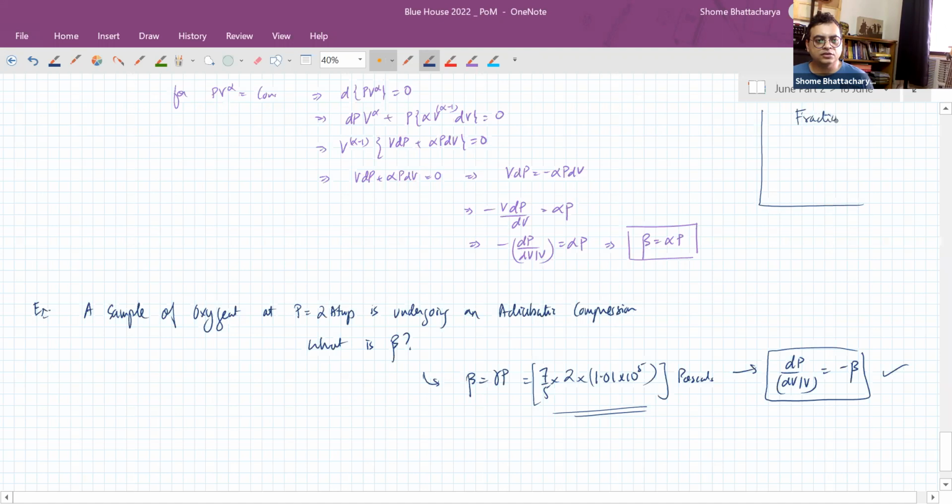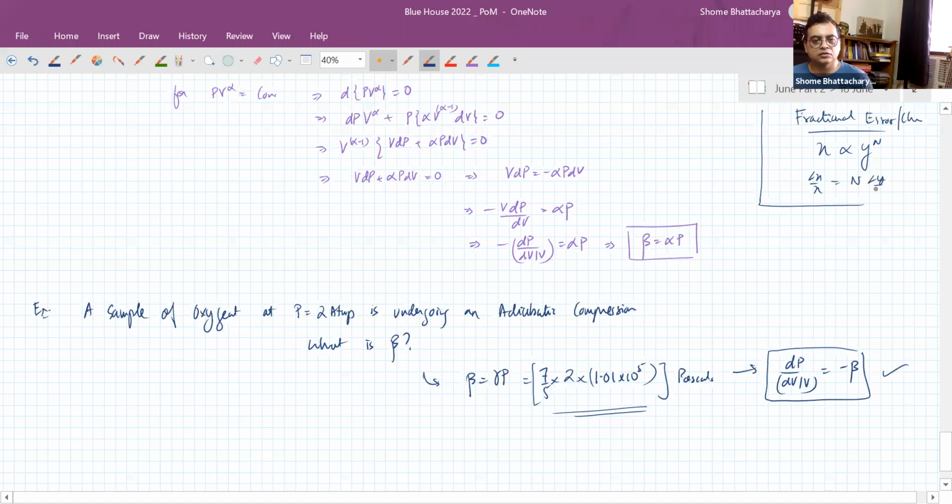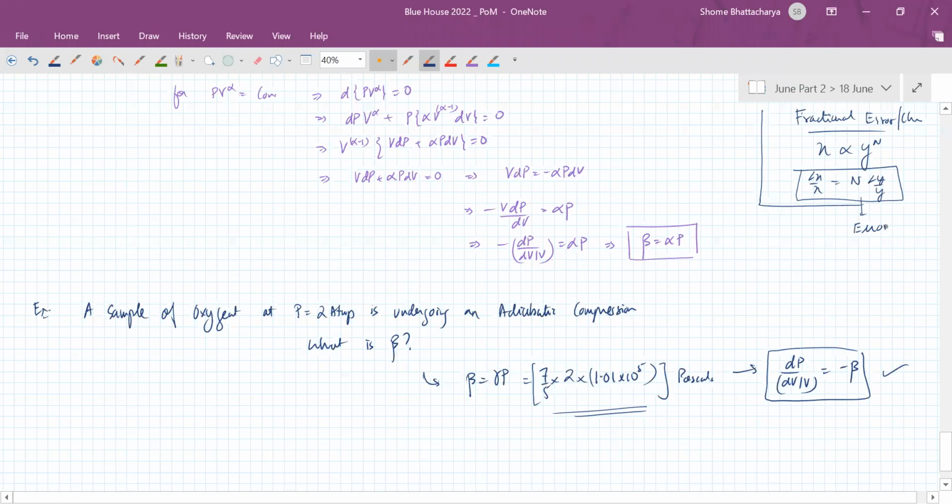Revise that concept that you have learned in the chapter on error measurement or fractional change. If a quantity is proportional to another quantity to the power n, then for small changes we have this relation. It can be derived from differentiation also, and you have learned it in the chapter on errors. So revise it from there, you'll understand.